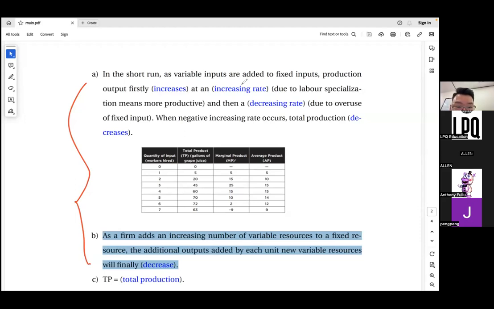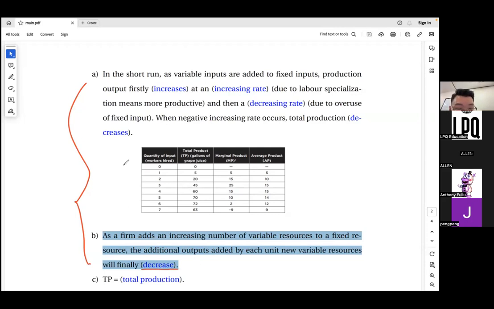We just rephrase number A to make the definition shorter, a simplified version of number A. So number B: as a firm uses an increasing number of variable resources with fixed resources, the additional output added by each new unit of variable resource will finally decrease.